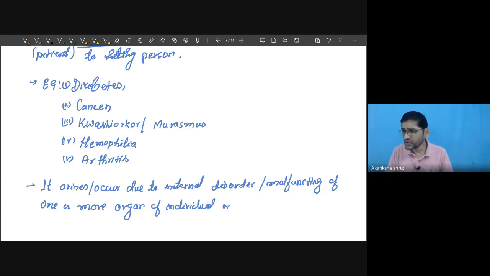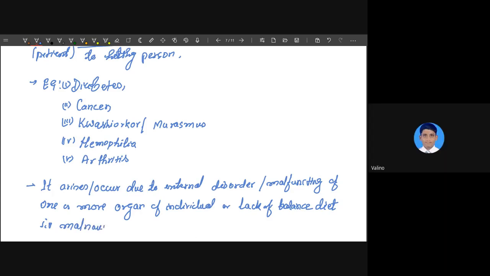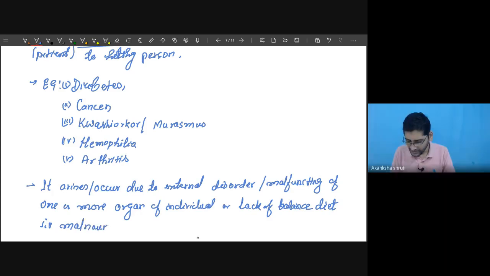or maybe due to lack of balanced diet. Lack of balanced diet, what is that? It is called malnourished. Malnutrition. Yes, malnutrition or malnourished.